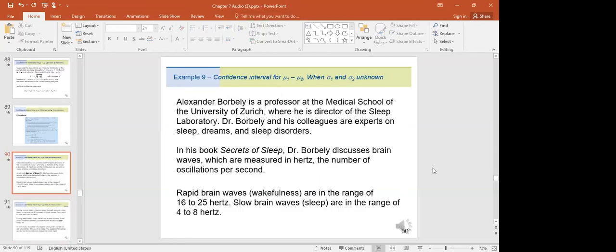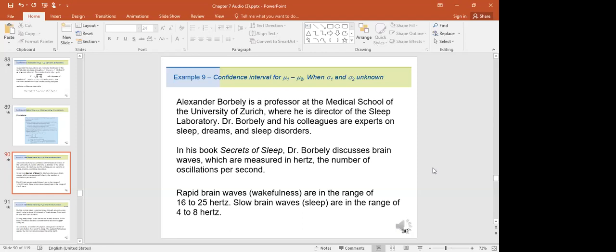So let's look at this example. Alexander Borbély is a professor at the Medical School of the University of Zurich, where he is director of the sleep laboratory. Dr. Borbély and his colleagues are experts on sleep, dreams, and sleep disorders. In his book, Secrets of Sleep, Dr. Borbély discusses brain waves, which are measured in hertz, the number of oscillations per second.